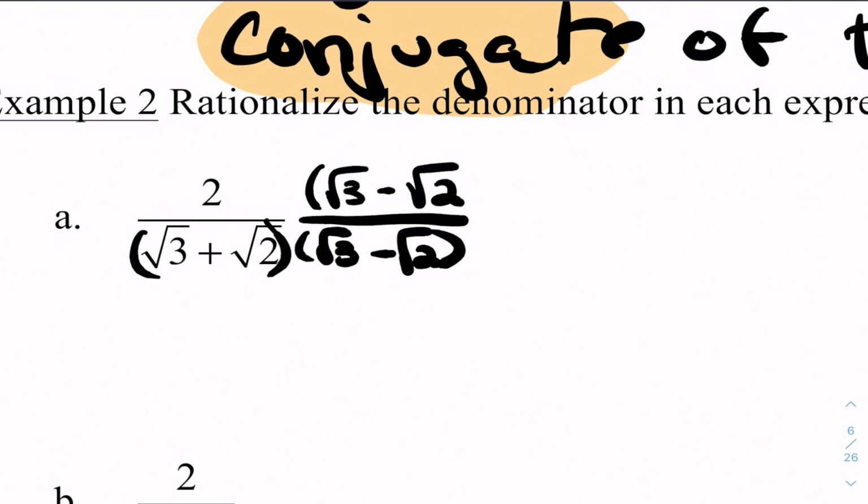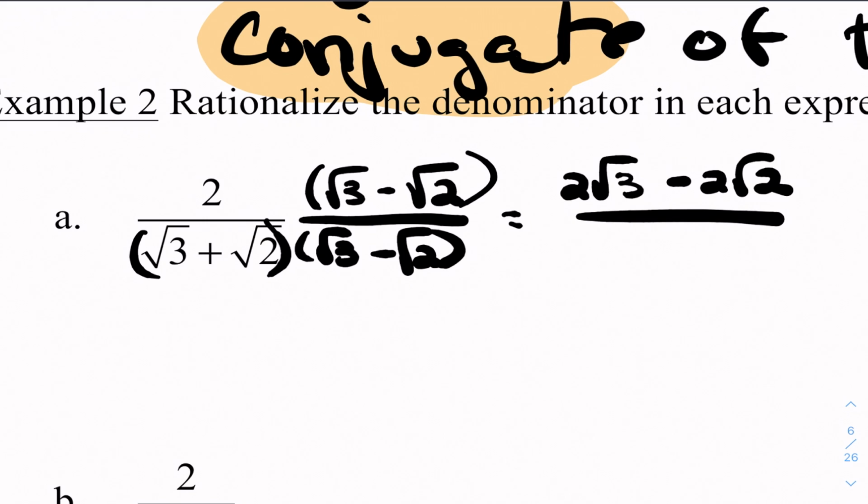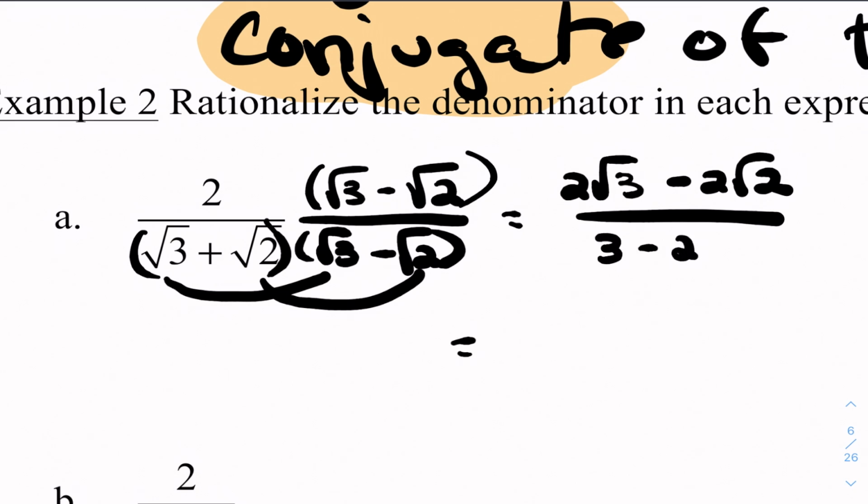By doing this, the numerator becomes the irrational part, which is fine. We just distribute 2 root 2. And the bottom, because the difference of squares are conjugate pairs, all we have to do is multiply the first and multiply the last, and we're left with 3 minus 2, which leaves us with the answer of 2 root 3 minus 2 root 2.